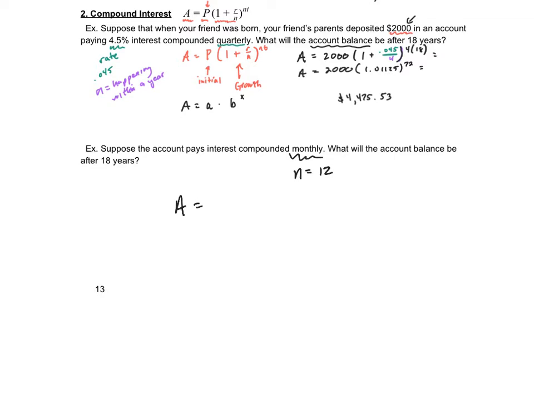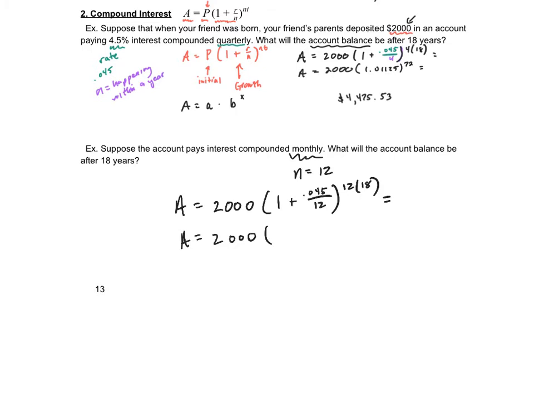So my amount would be equal to the original $2,000 that was invested, 1 plus my rate, which was 0.045, divided by 12, because it's now monthly instead of quarterly. And then we would have 12 times 18, and that gives me, let's see, it's going to be a little bit different.